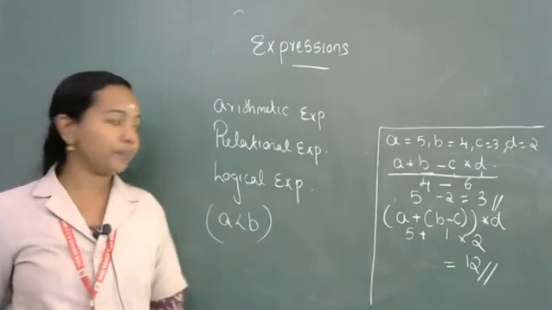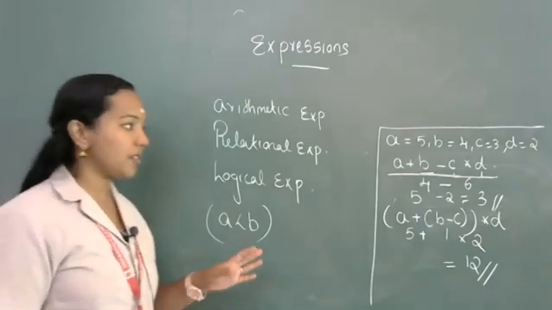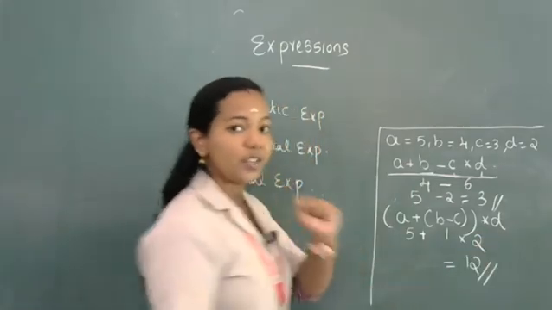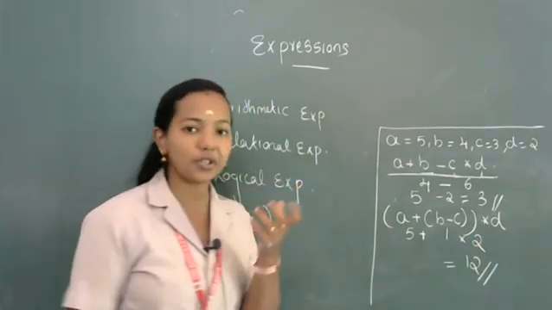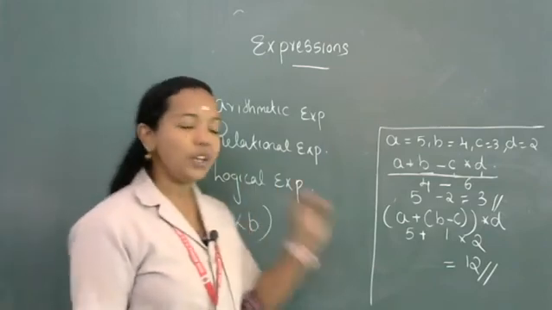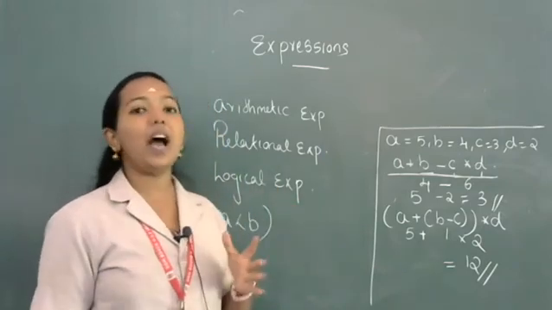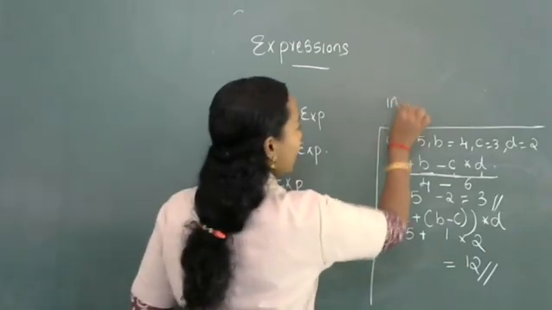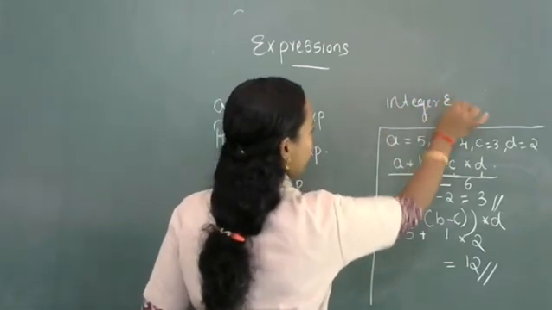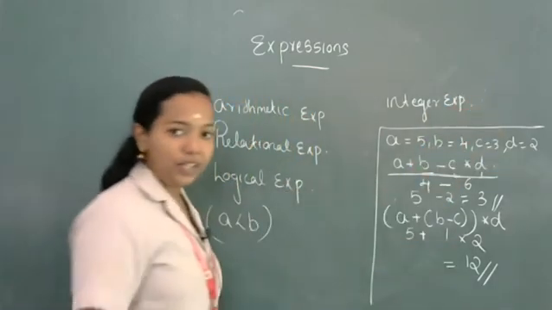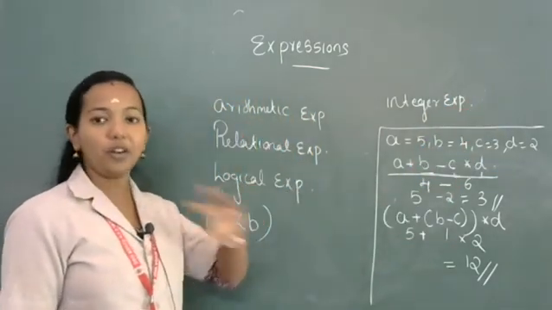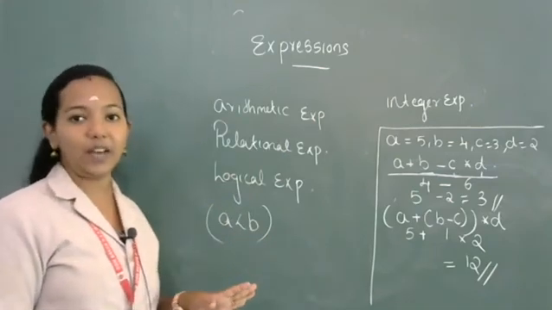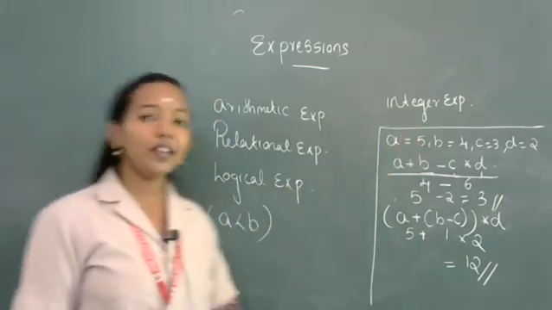Then arithmetic expressions, look here, in this expression all the variables use integer numbers. Is there any fractional number present? No. So, if all the variables use integer numbers, with no fractional values, then it belongs to integer expression.